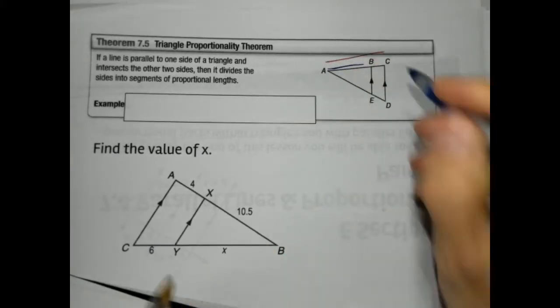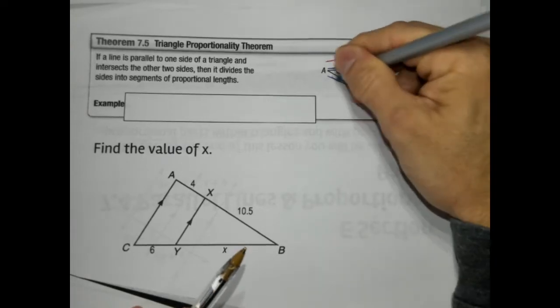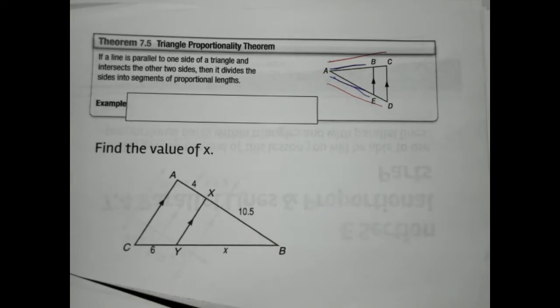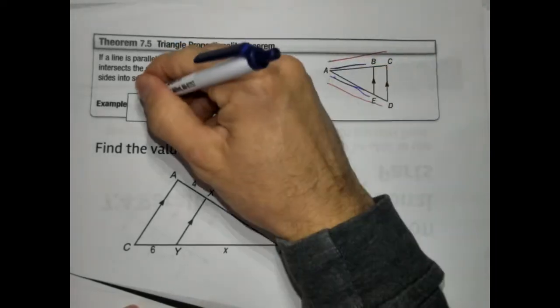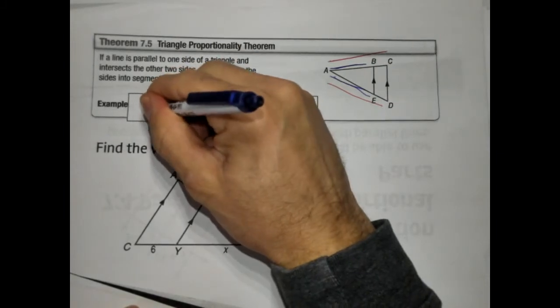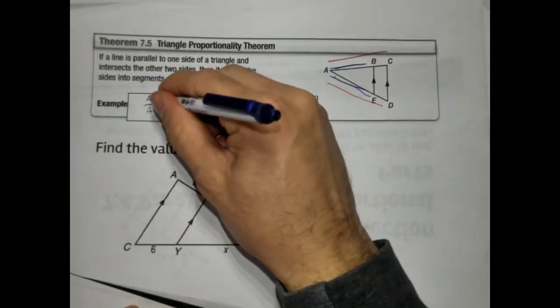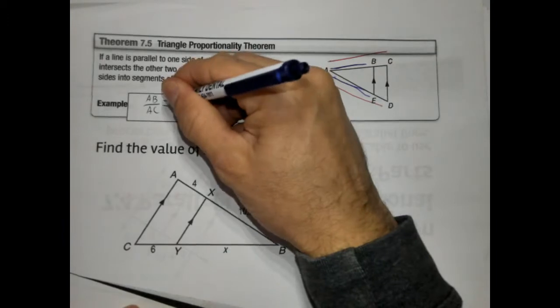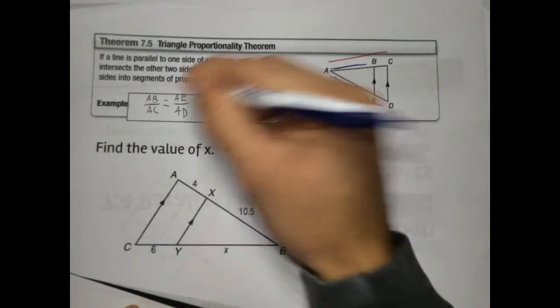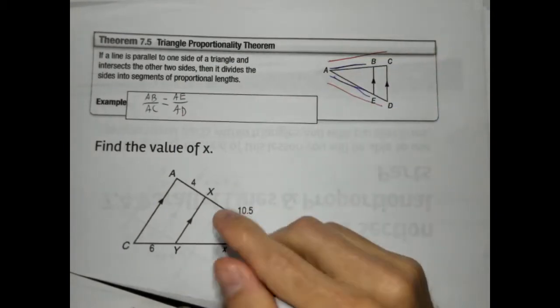AC will be the red, AE will be the blue, and AD will be the red. So we could have AB over AC equals AE over AD.